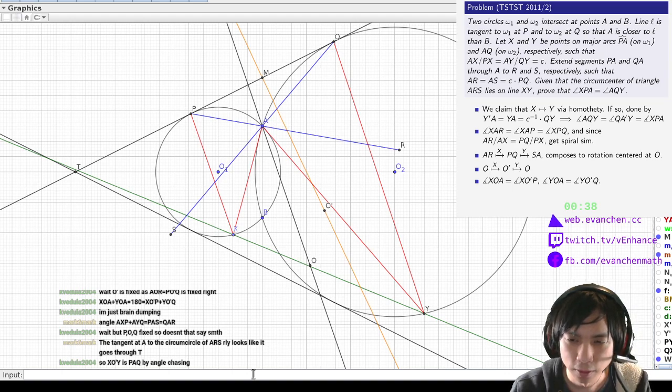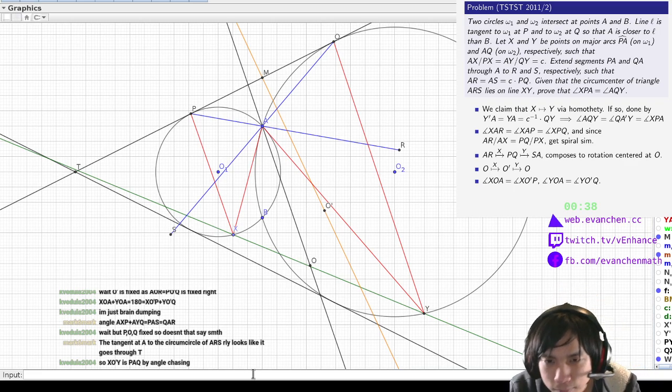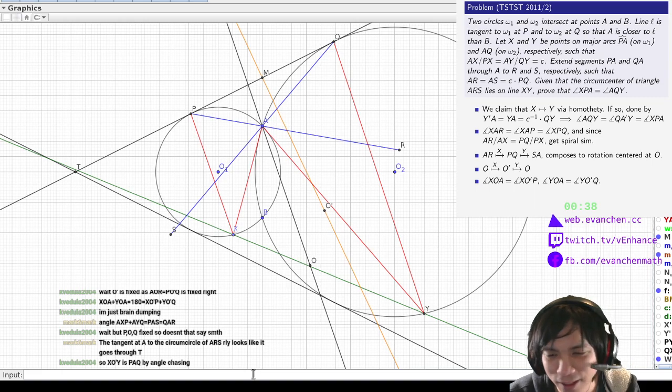XO prime Y, PO prime Q. So, okay, XO prime Y. I feel like I'm still missing something I'm not understanding, because the center of the composition lies on the line joining the centers.